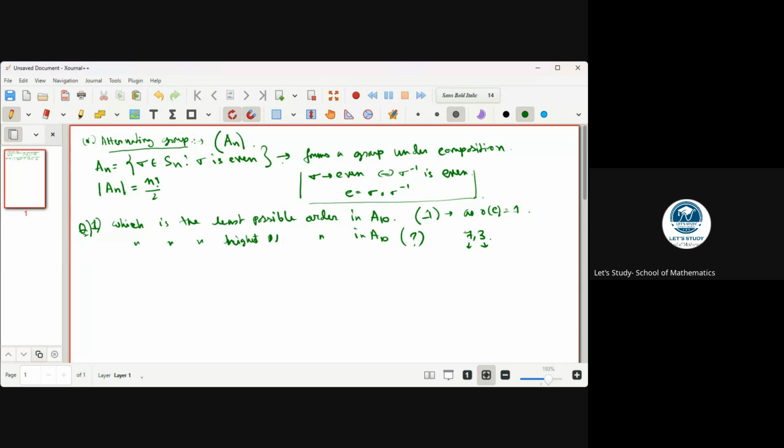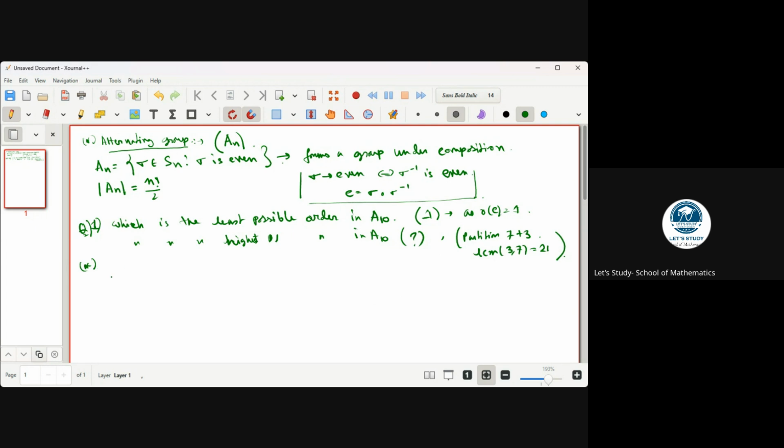Good, because 8, 2 will not be possible, and 9 is also not possible. So yes, very good. So 7, 3 is the partition giving the highest possible order of an element. Okay. So partition 7 plus 3 and LCM of 3, 7 equals 21. So 21 is the highest order possible.